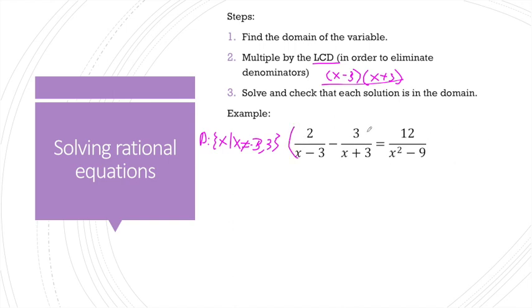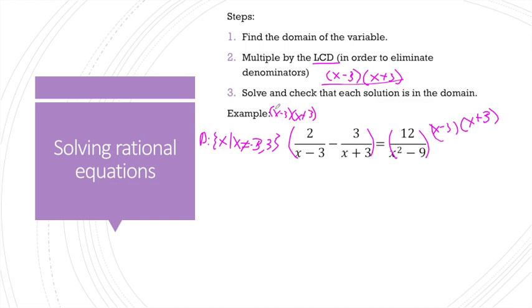So I multiply by x minus 3 times x plus 3. And on this side as well. That's going to give me 2 times x minus 3, x plus 3.